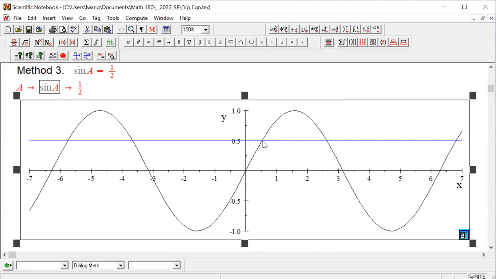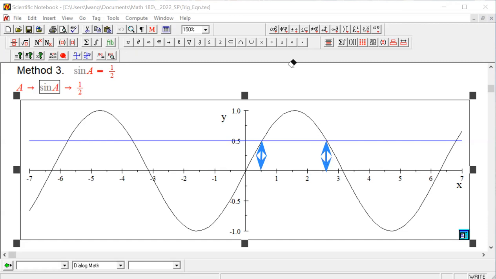And this blue line crosses the curve, and every single one of these points has an input and output. I'm going to draw some blue bars for you. Oops, I'm drawing in the wrong place.